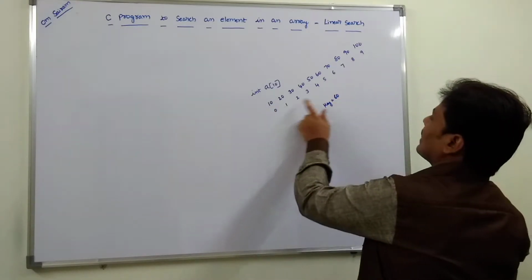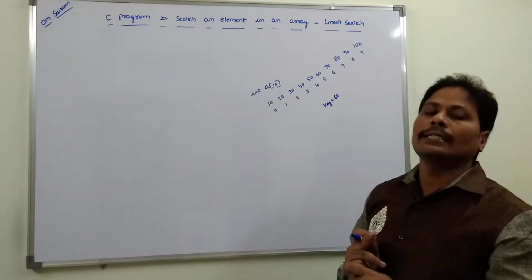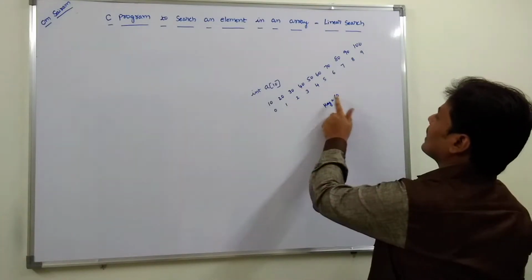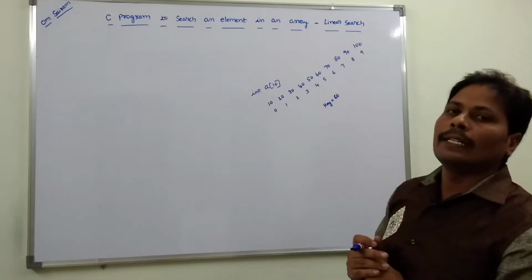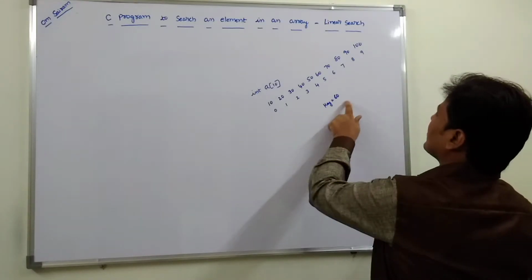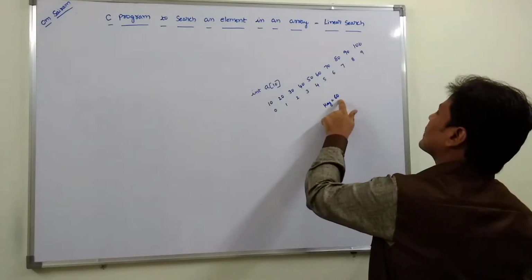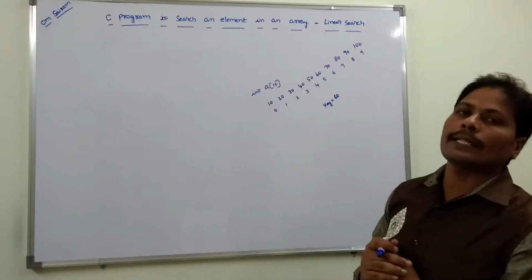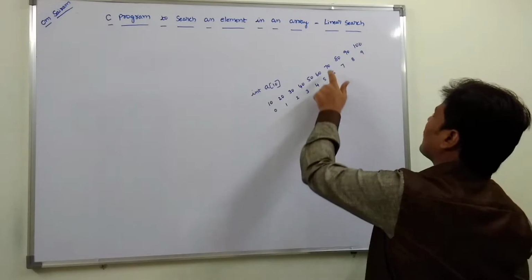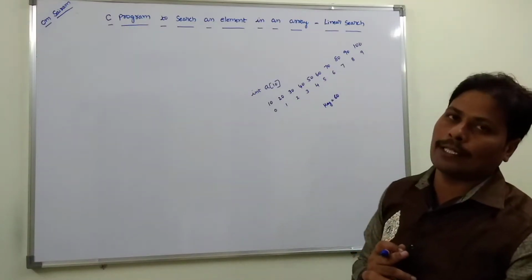Next, 60 is compared with 20, does not match. 60 is compared with 30, does not match. 60 is compared with 40, does not match. 60 is compared with 50, does not match. 60 is compared with 60, match.